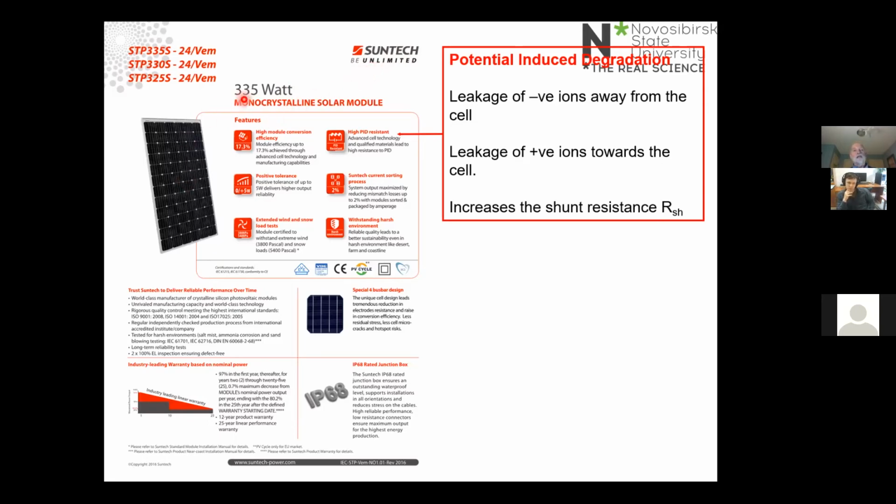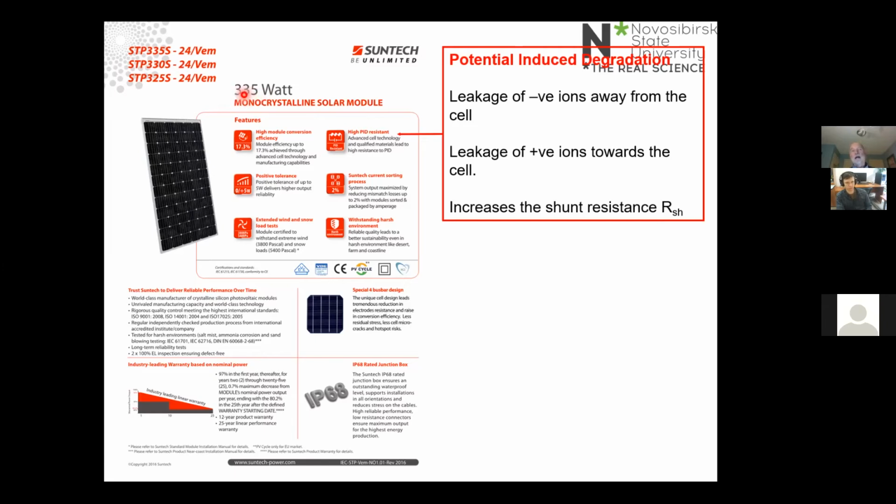So this is a 335 watt module. Just like a wind turbine's nameplate capacity or rated power is the maximum power that a wind turbine can produce, it's the same for a PV module.